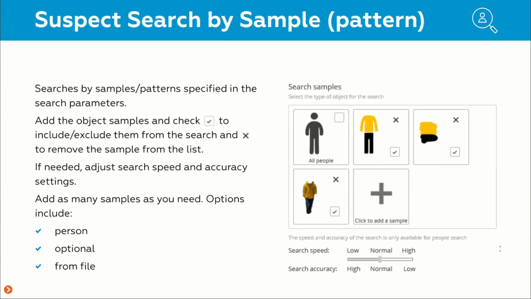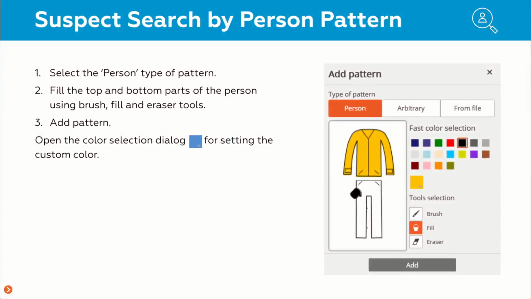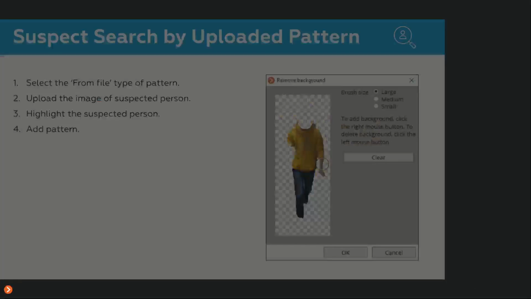The same object can be found using three types of templates: coloring the clothes, just providing top and bottom colors, and providing an image of the person, where it will delete all unnecessary background and leave only the object automatically. I have demonstrated this.